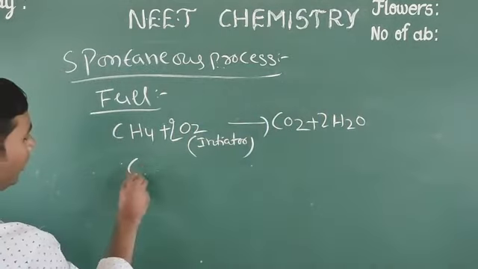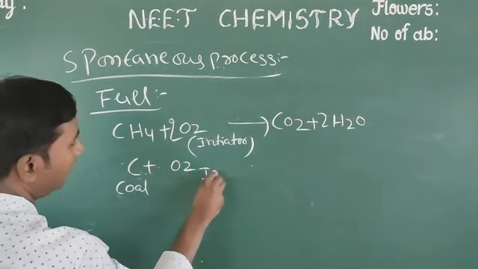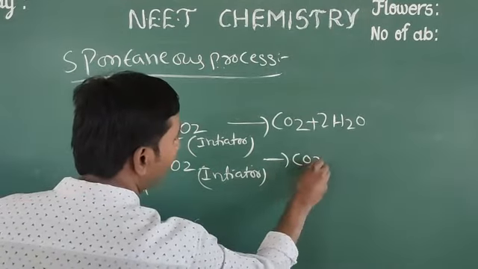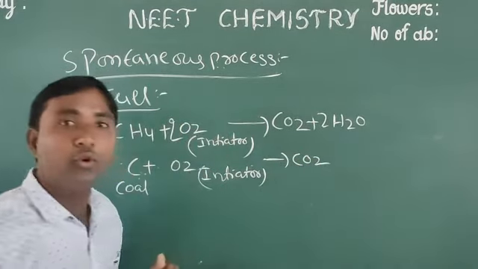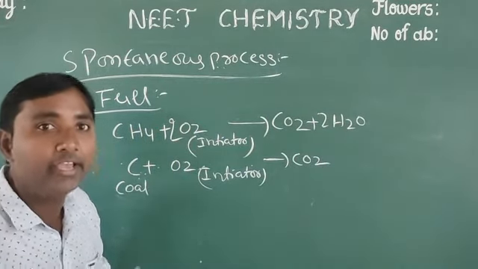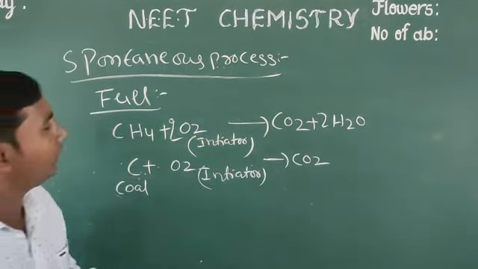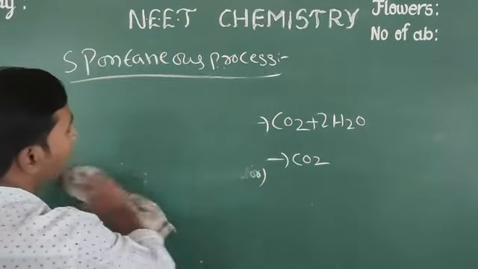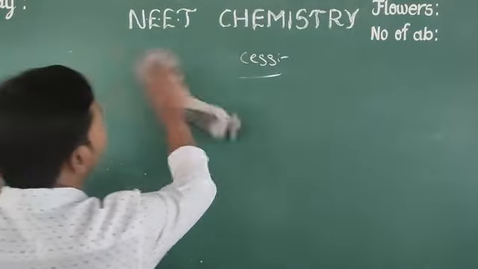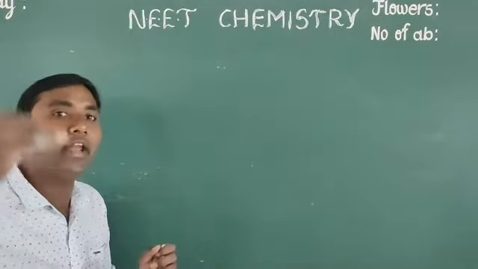Then coal: if you use oxygen as an initiator, it gives CO2. So these are the fuels, and these we also consider a spontaneous process. That means some processes take place naturally on their own, and some take place by using initiators, after which they can occur.